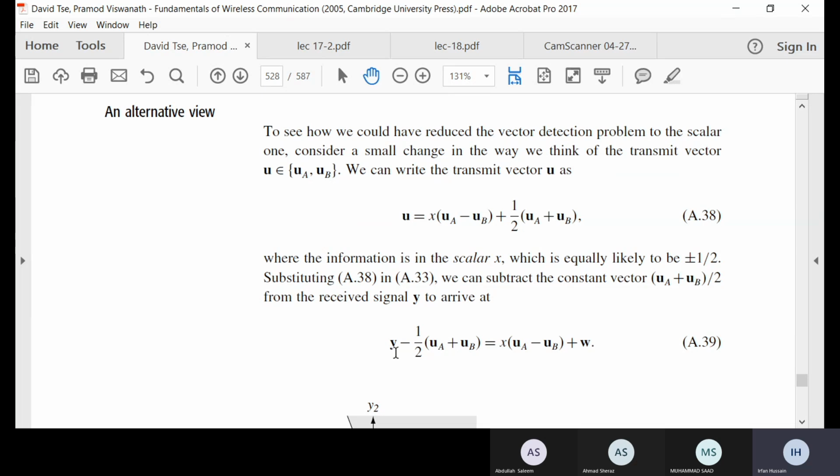So y is equal to U plus W. If I subtract this half, W will be just W, but U minus this half, so this half cancels and only the first term will remain. So y minus half will come out to be x times this plus W.